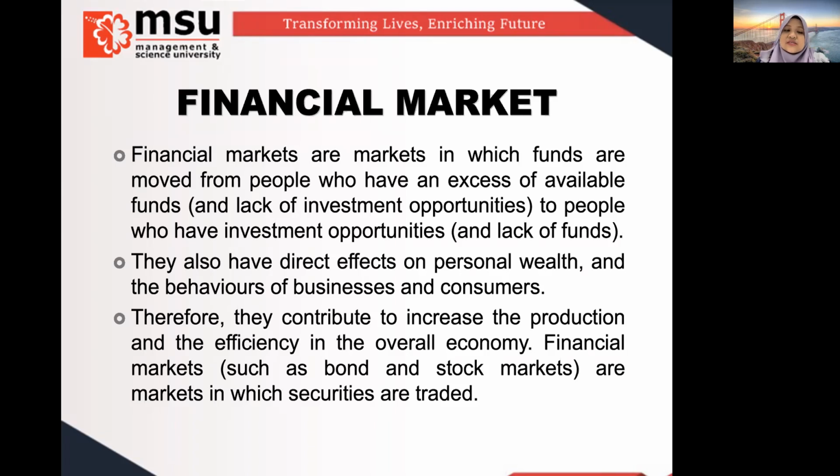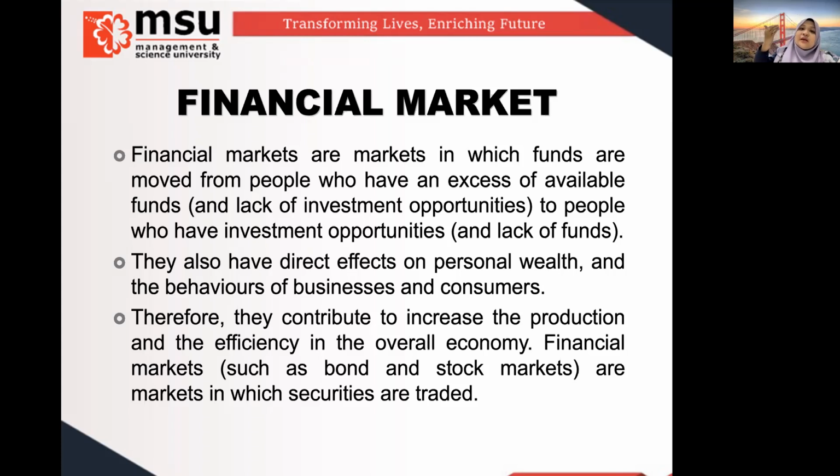Let's talk about the financial market first. What is a market? A market is a place where a certain product can be traded. Same goes for the financial market, because we have lots of types of financial securities, financial instruments. So we have different segmentation of the financial market.